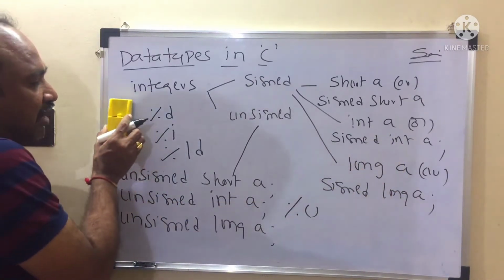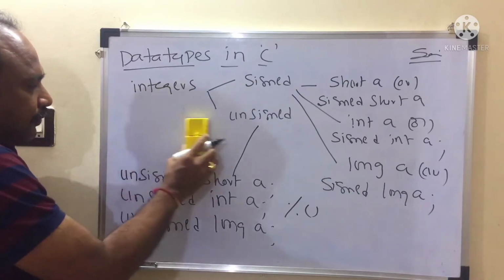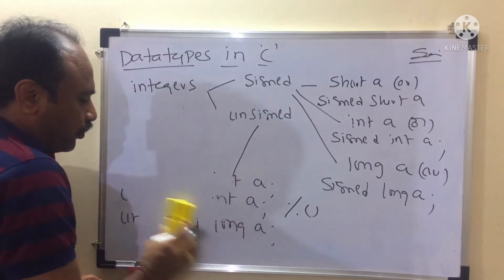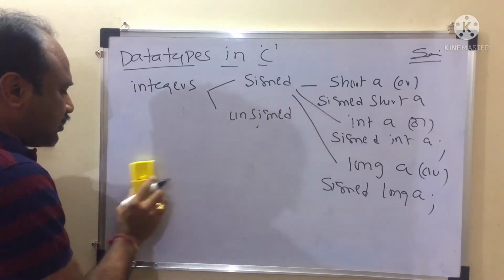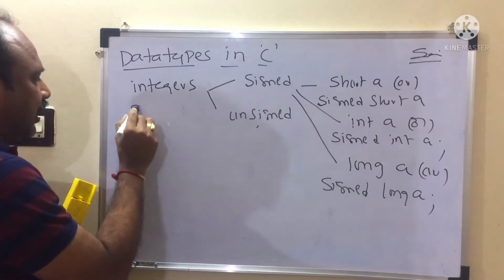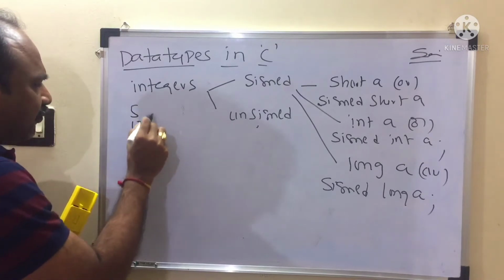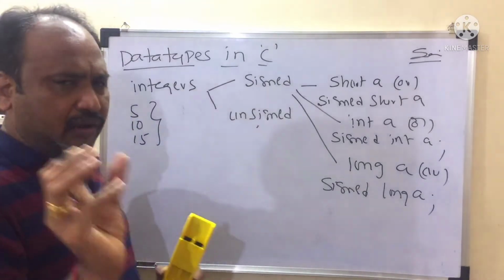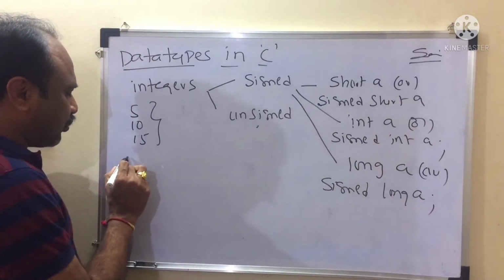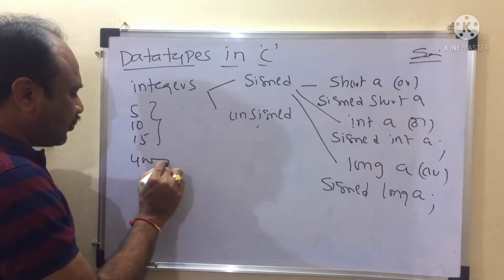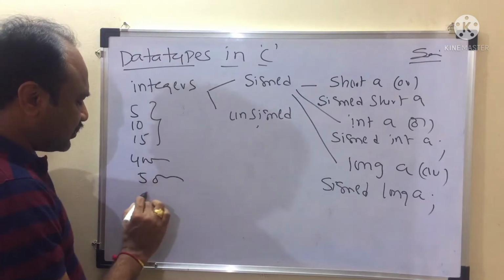Listen, normally while working with data, I will take some small values: 5, 10, 15. These are small values only. In the same way, I am going to work with 4 lakhs, 5 lakhs, 6 lakhs.